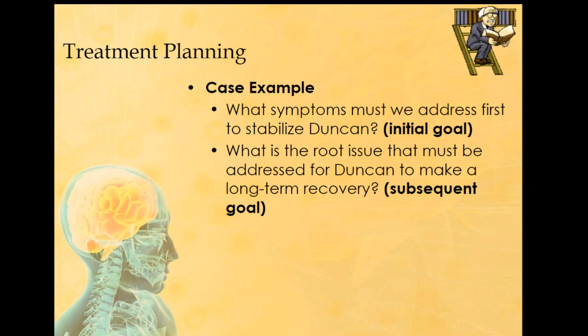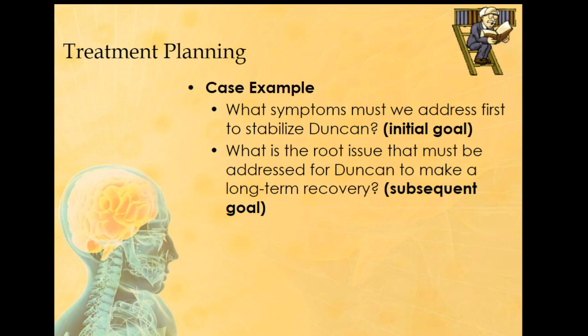So that would be our goal 1. And then we would think about what is the root cause that must be addressed for Duncan to make a long-term recovery. Again, this is the subsequent goal. In Duncan's case, maybe some grief and loss, some significant amounts of guilt and regret. And we want to be addressing this grief and loss and the cognitive elements, which obviously are perpetuating his low mood and his feelings of sadness.